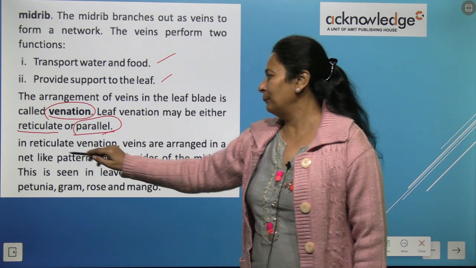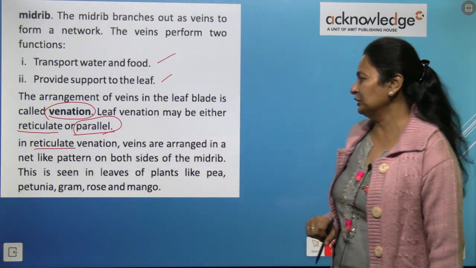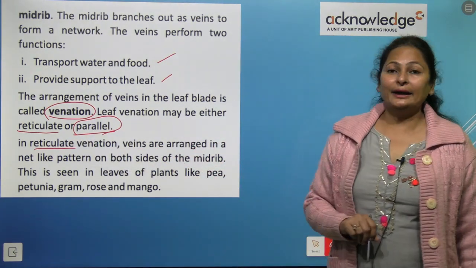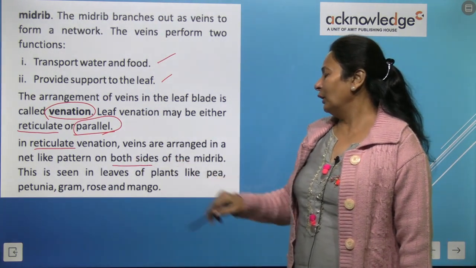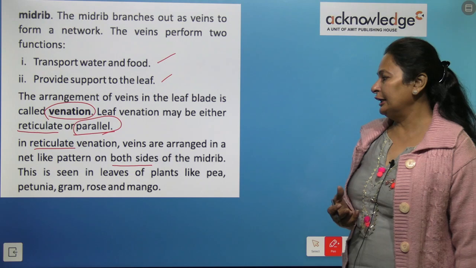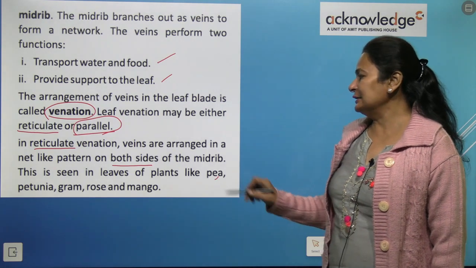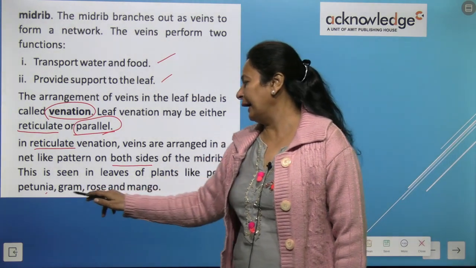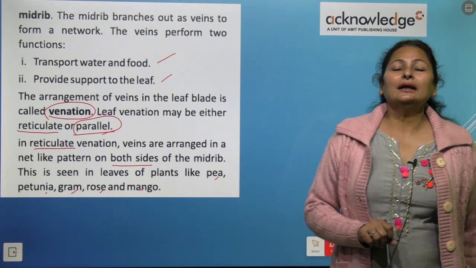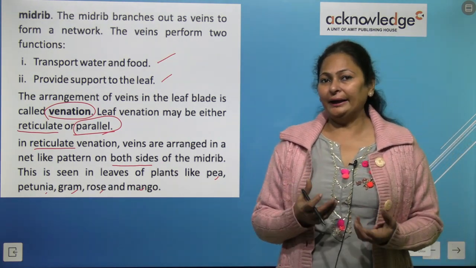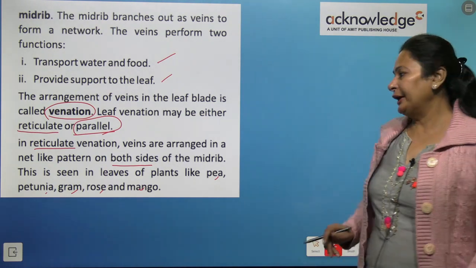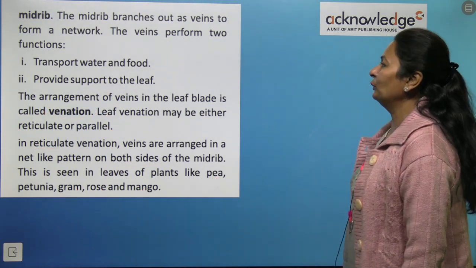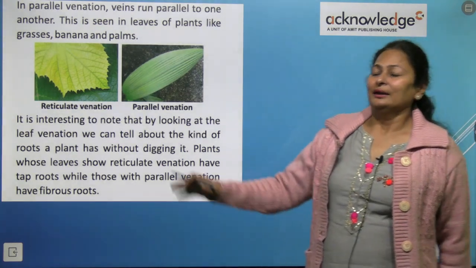We'll discuss reticulate venation first. Veins are arranged in a net-like pattern on both sides of the midrib of the leaf. Examples: pea, petunia, gram, rose and mango, right? So according to the venation, we can also find out which kind of root the plant has.